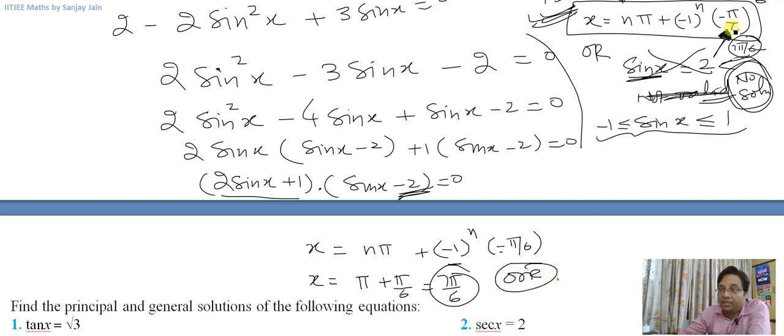So even if I place this 7 pi by 6 here, that will be perfectly alright, or if I put minus pi by 6 here, I can very well obtain 7 pi by 6 from it. If I place 7 pi by 6 there, I can obtain minus pi by 6 by placing various values of n here. So it doesn't matter if you place minus pi by 6 here or 7 pi by 6 here.